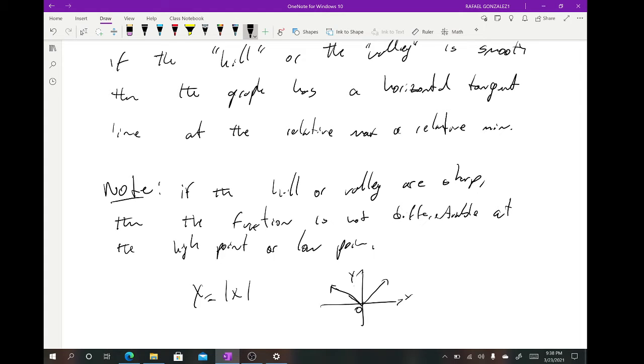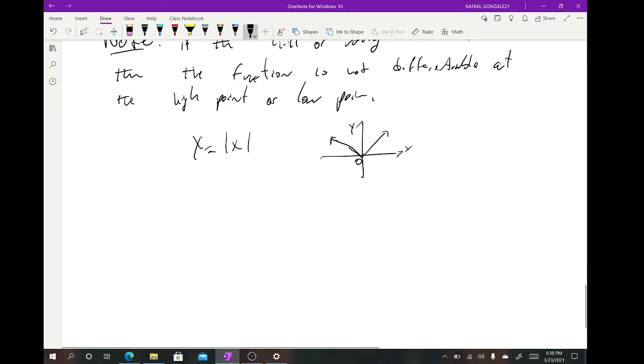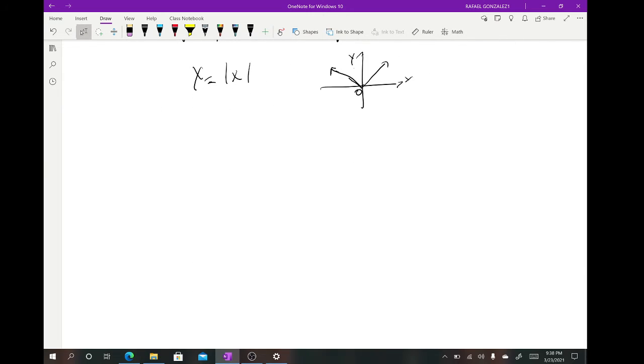Okay? Right, so let me define now relative extrema, and then we will see some examples.